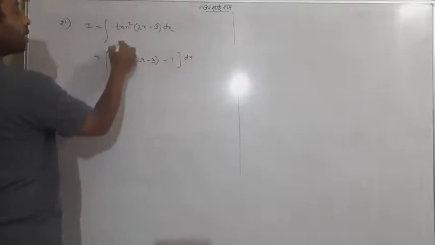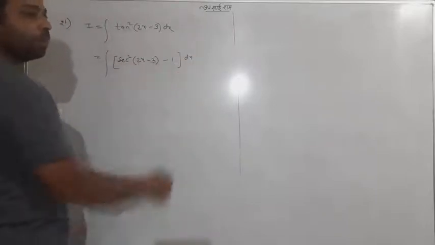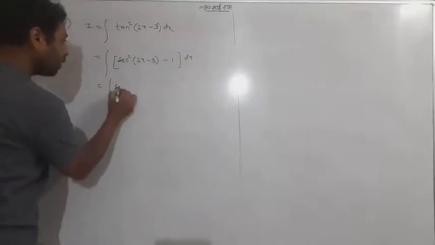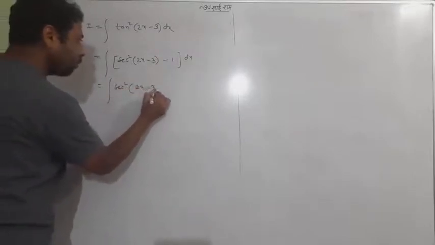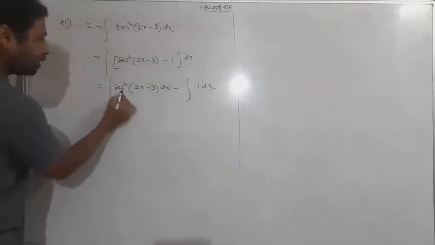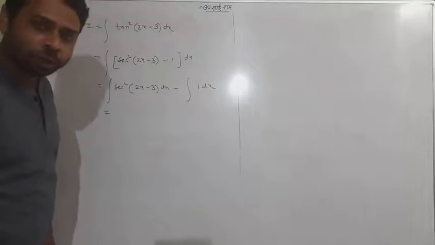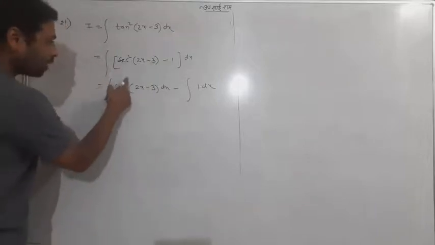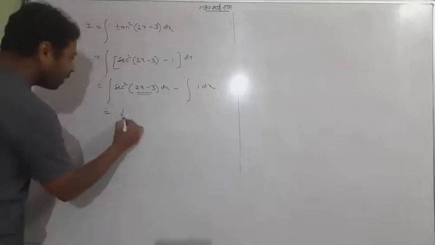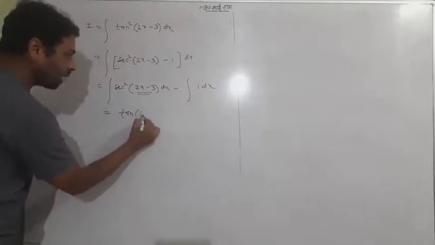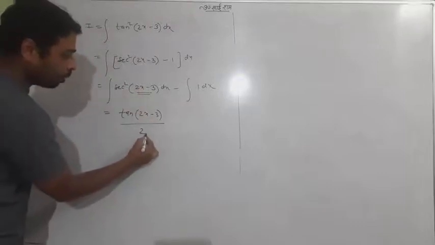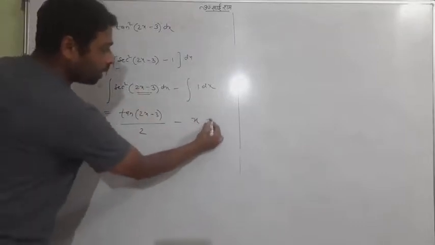Now you can find the integration very easily. Integration of sec square x is tan x, but since it is a linear form, put the coefficient of x in the denominator, minus x plus c.